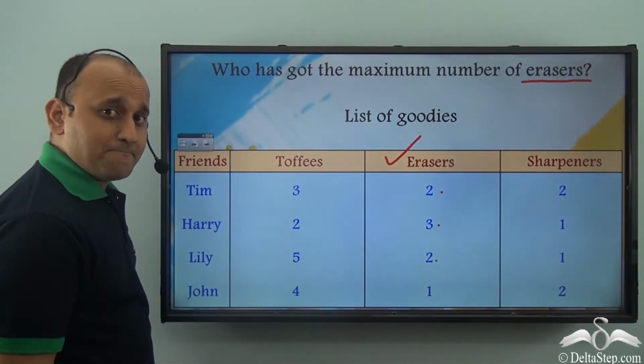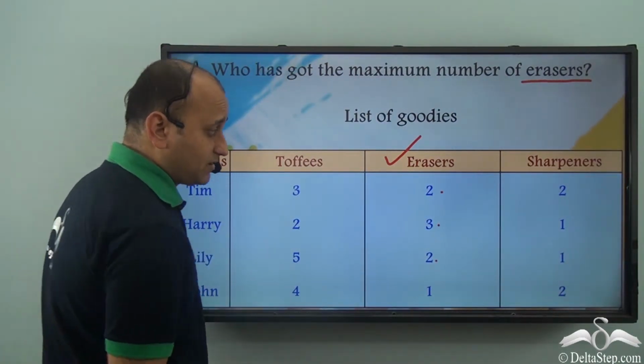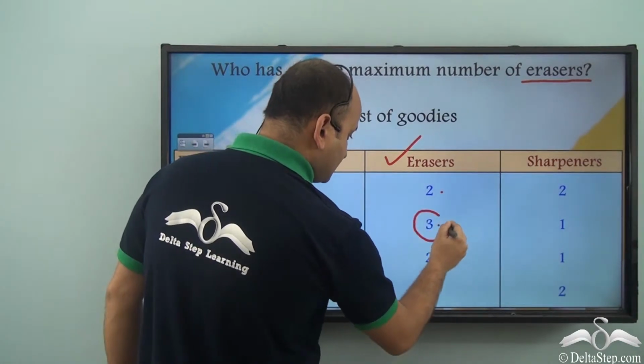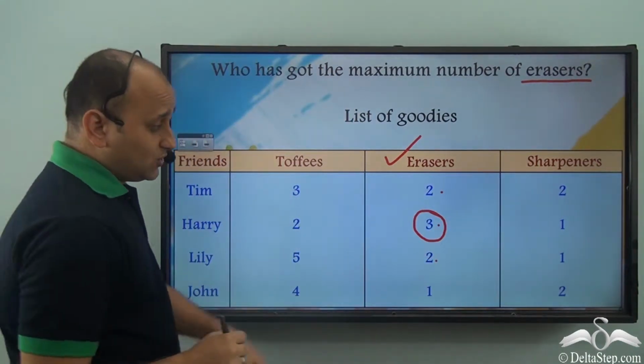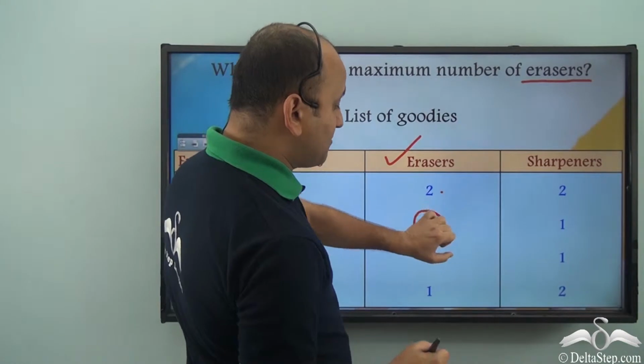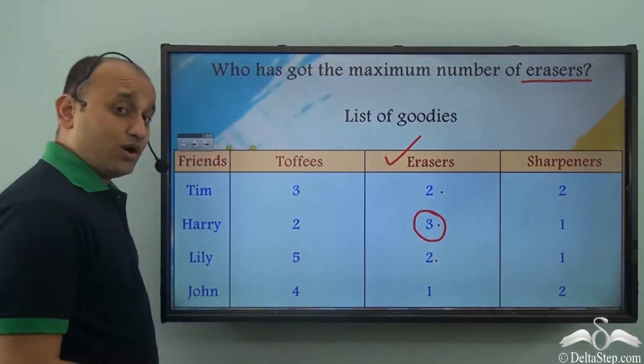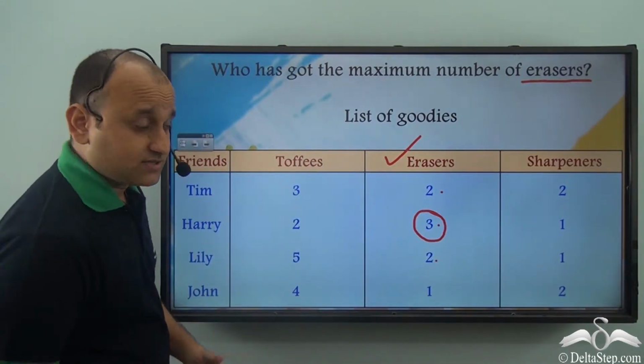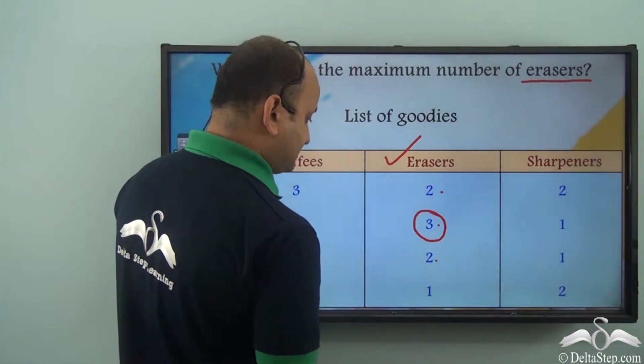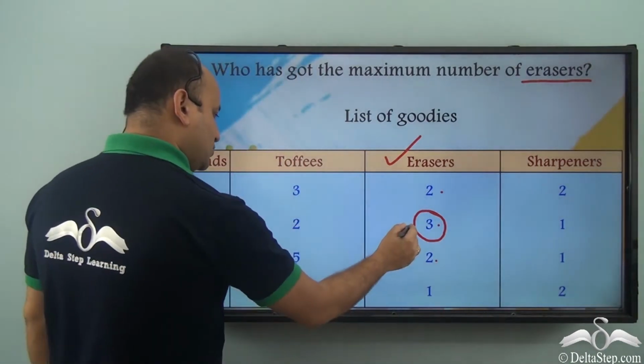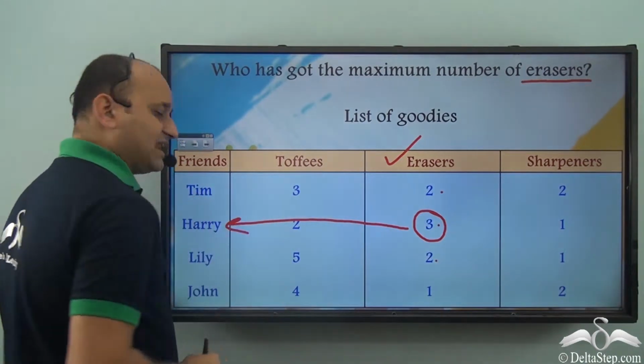So which is the maximum number or the largest number? It's 3, right? So 3 is the maximum number of erasers that were collected by a single person. Now who collected this? Well, let's see. It was collected by Harry, right?